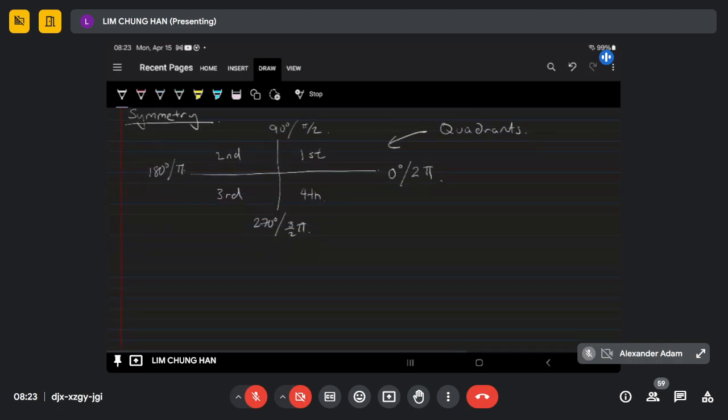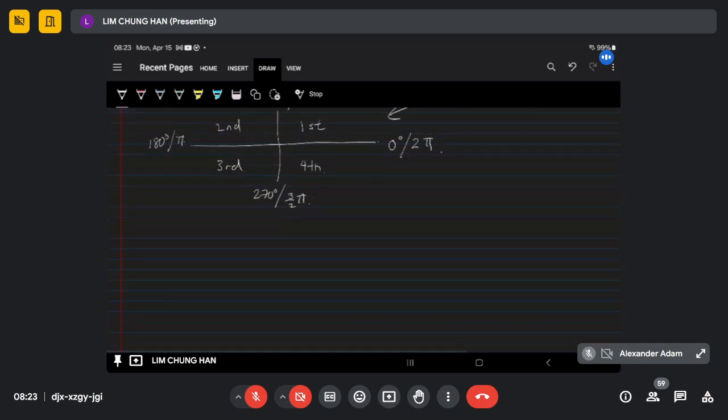Before we talk about symmetry, we need to go through one more example. So let's forget about symmetry for the time being. Just remember this quadrant thing. You have 4 quadrants in your polar coordinates. Now let's go through one more example before we talk about symmetry.